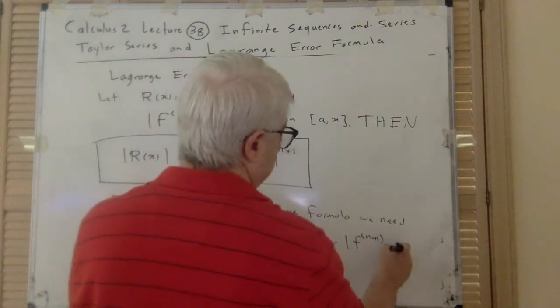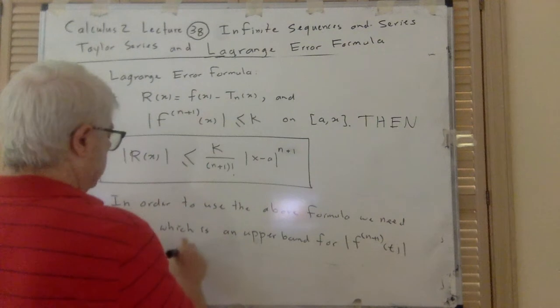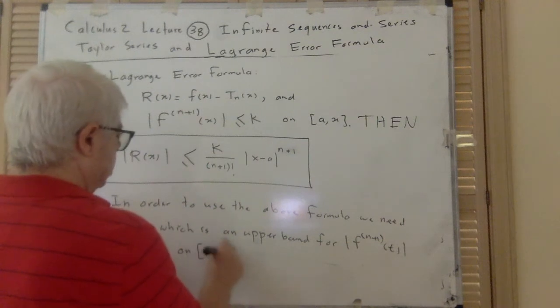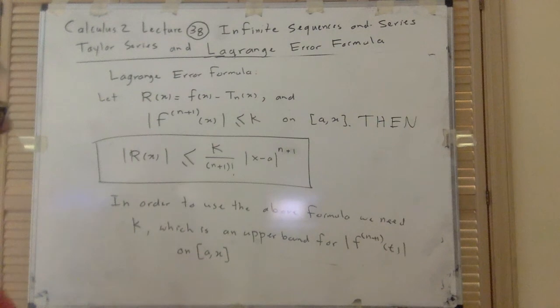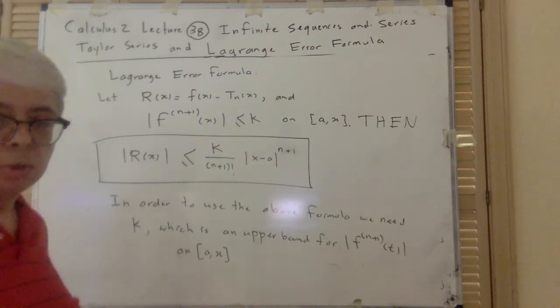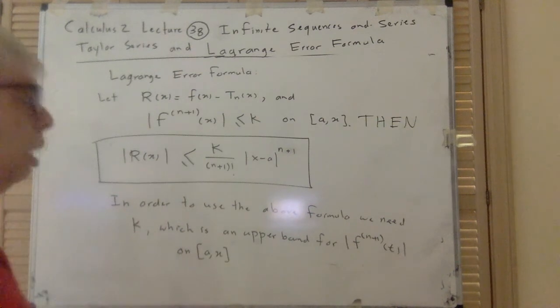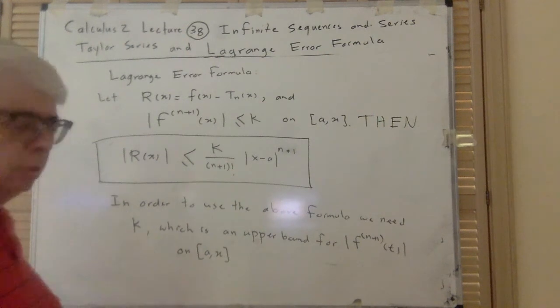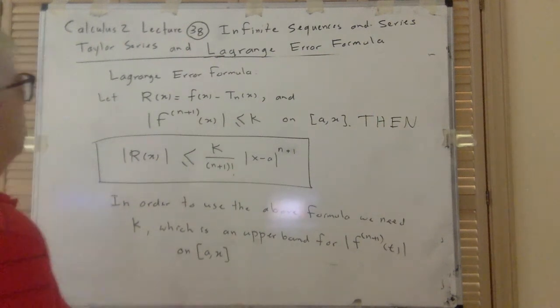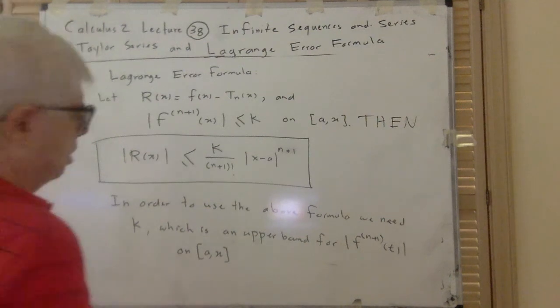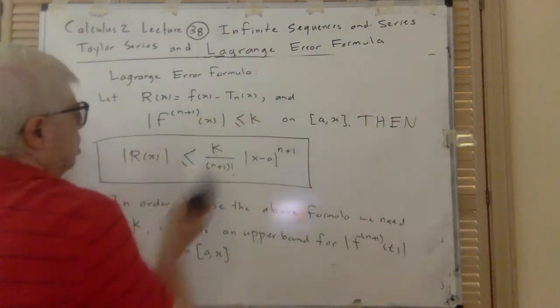When I write x, you'll get confused. So we need an upper bound for the absolute value of this function on this interval. And that is the problem, because if I'm dealing with some function which is not nice, then finding the derivative of order n plus 1 is just not easy. So let's try some examples here and see if we can come up with bounds.